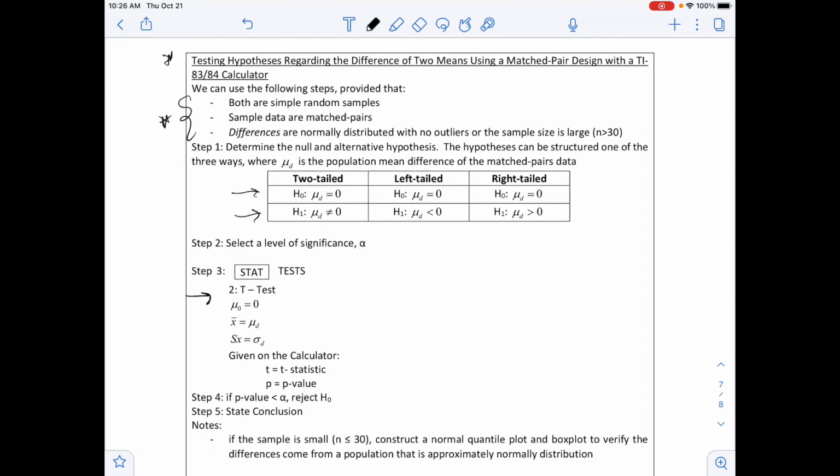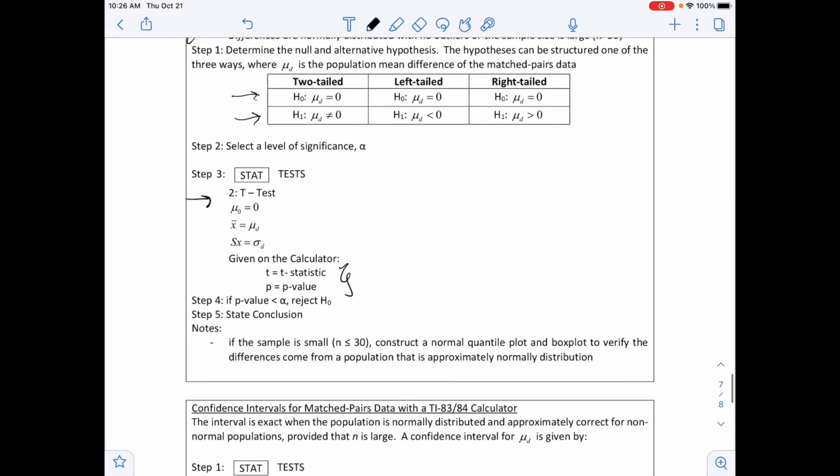Since we subtracted them, we now have one list to be inputted in our calculator. So we're going to input mu naught, which would be 0, x bar, which is going to be the mean difference, and Sx, which would be our standard deviation. And the calculator is going to give our test statistic and our p-value. And then if the p-value is less than alpha, we reject our null.